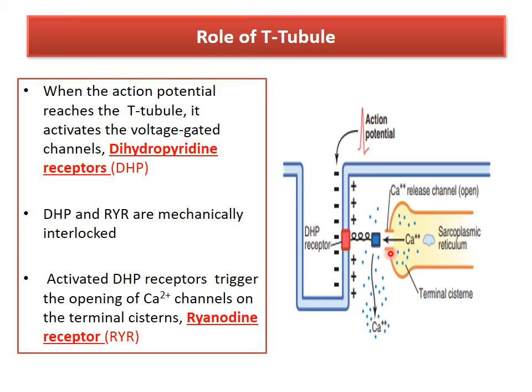And these ryanodine receptors are calcium channels. These are being actually pulled open by the dihydropyridine receptors. And when these calcium channels are open, then what happened? Calcium is released from this store into the sarcoplasm.